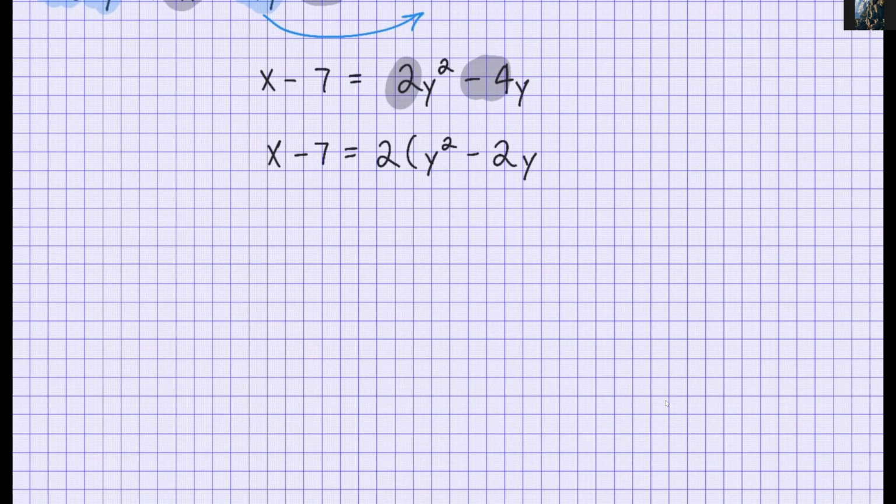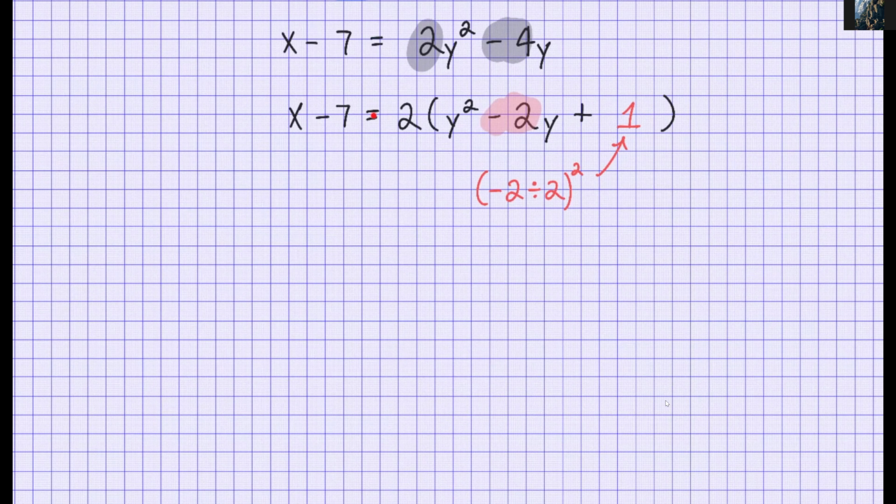So now I have the same situation as before. I have modified this equality because on the right side I have added a number. But this one that I am adding is actually being multiplied by this 2.